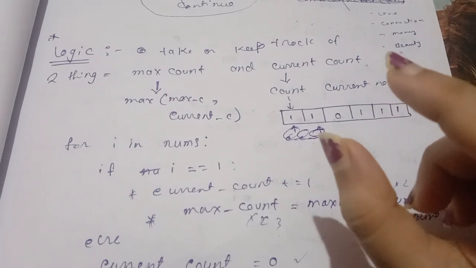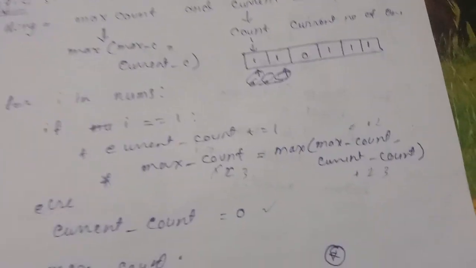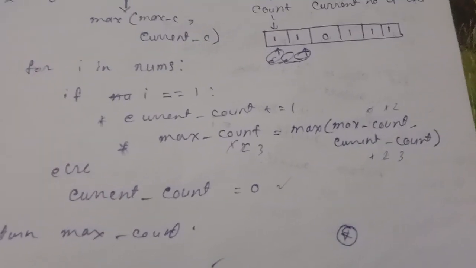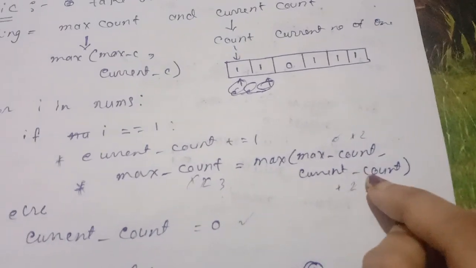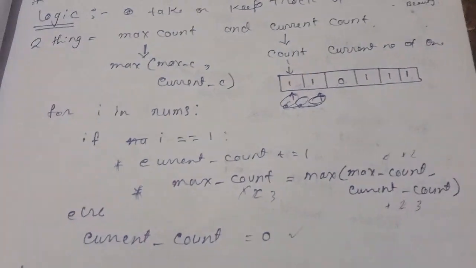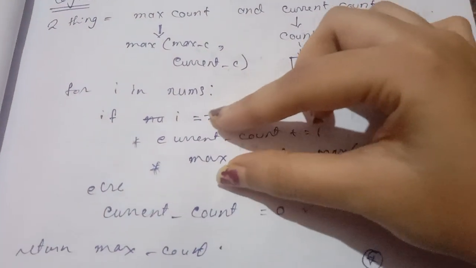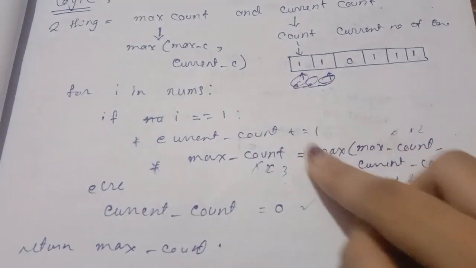How can we do that? We write max count equals the maximum of max count comma current count, so whichever value is larger is put here. This is the first if part: only if the element is 1 do we perform this section.